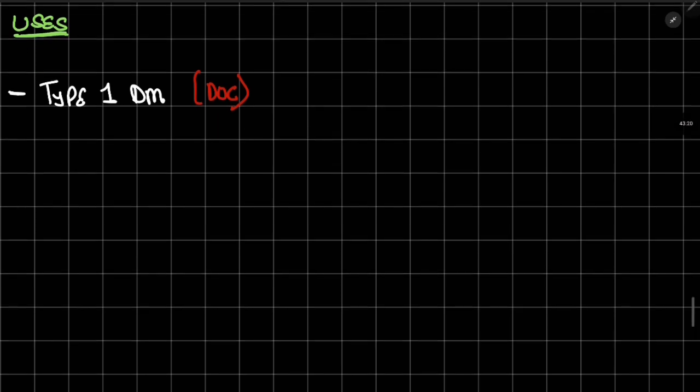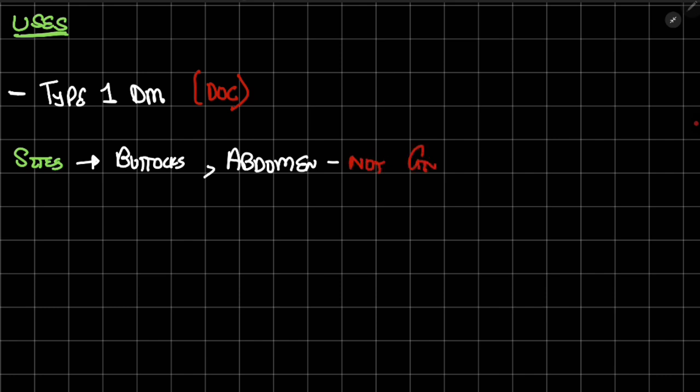Now some sites. We will write some sites. One is buttocks, then abdomen, but in the abdomen it is not given within 2 centimeter of the umbilicus.